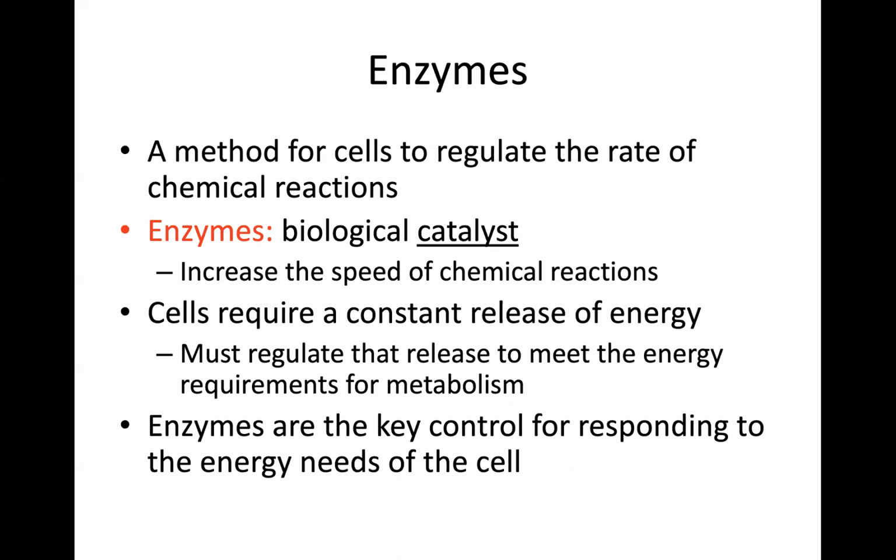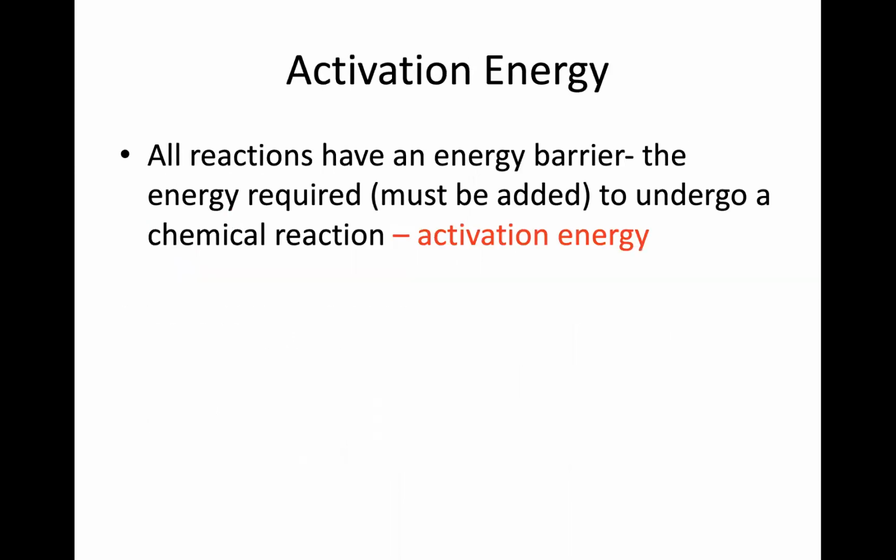So let's look at how enzymes work. Enzymes are biological catalysts that increase the rate of a chemical reaction. The energy that we need to carry out this reaction is already there, but if we want to make this process happen even faster, we rely on enzymes. There is an idea called activation energy.